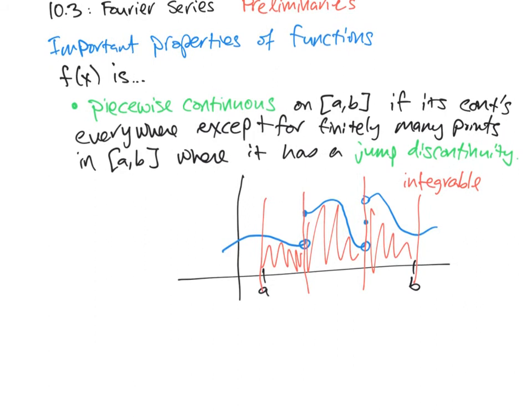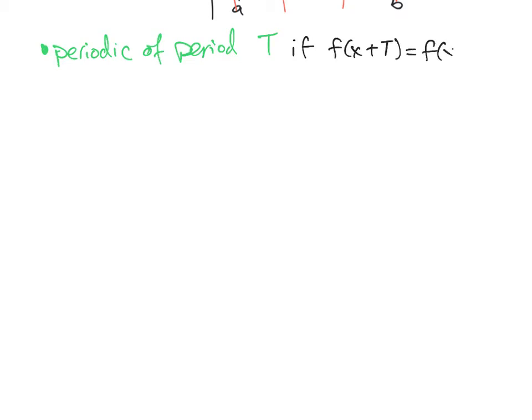All right, so next we say that f of x is periodic of period T if f of x plus T equals f of x for all x in the domain.